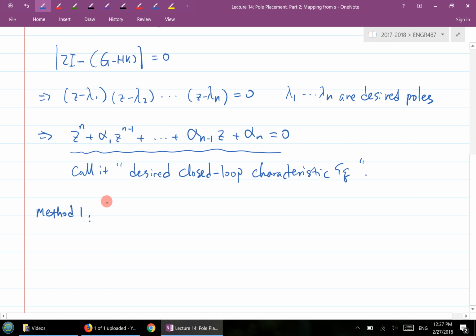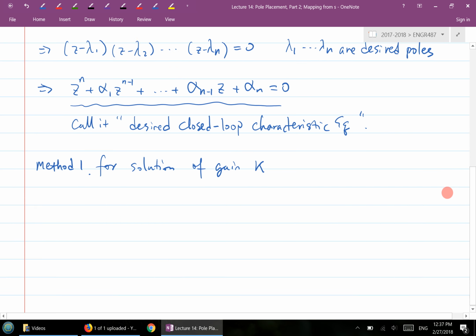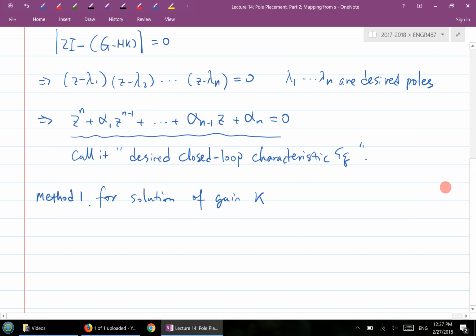The first method is basically for the solution of gain K. So, what can we use? The first kind of approach.